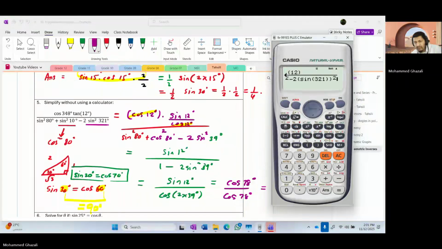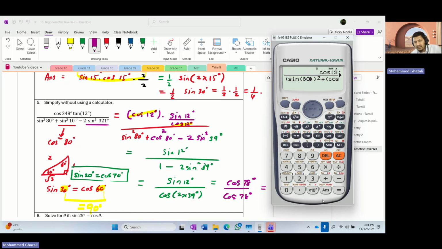squared. Okay, I might have made a mistake somewhere, so let's go down. I think I made a mistake here. Okay, going back here, it's not sine 12. It's sine of 80, sine squared 80. Why did I put 12?